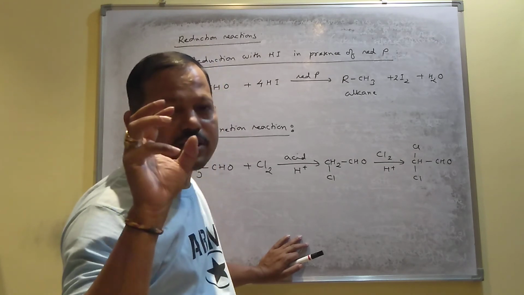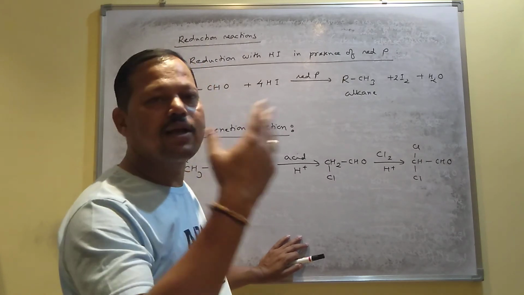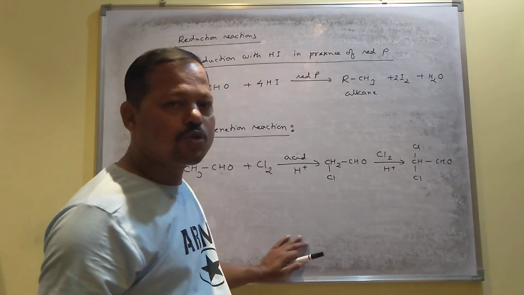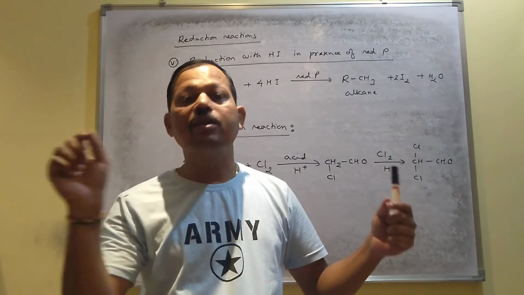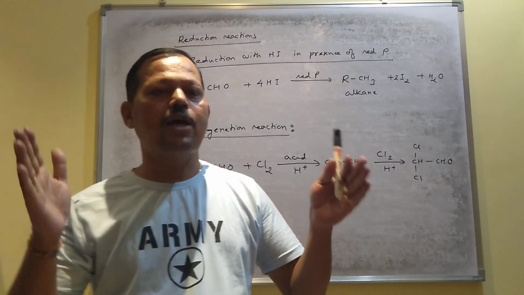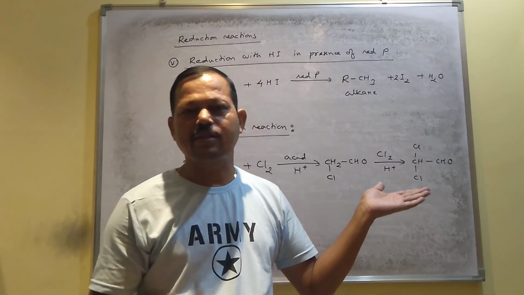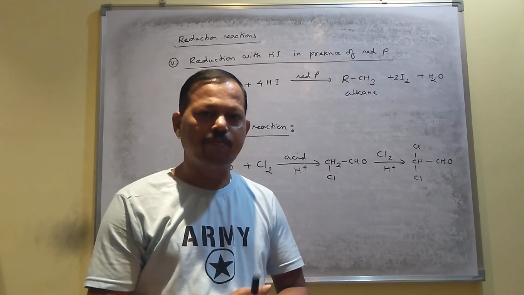When you see this reagent with aldehyde and ketone, then always you have to know they undergo reduction and they will produce the corresponding alkane. So only the reactants are given to you, the product you have to write. I mean complete the following reaction. That is why you have to learn these reactions, especially Clemmensen, Wolff-Kishner, bimolecular, these are very, very important for exam. Thank you.